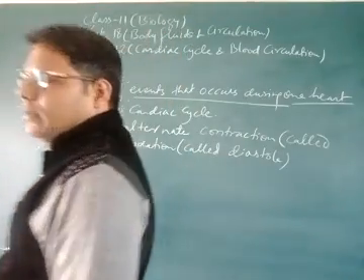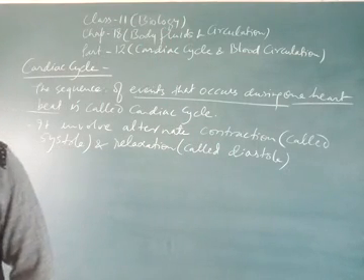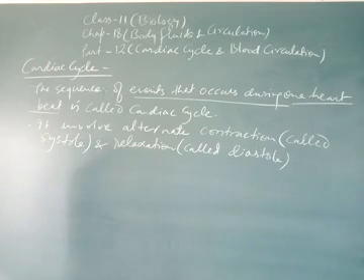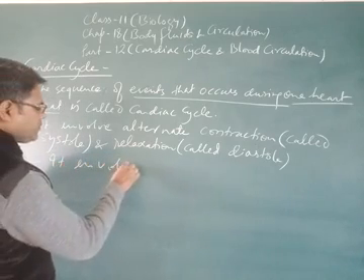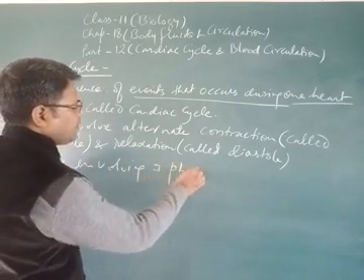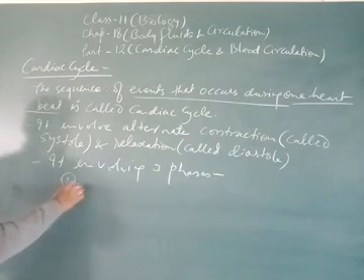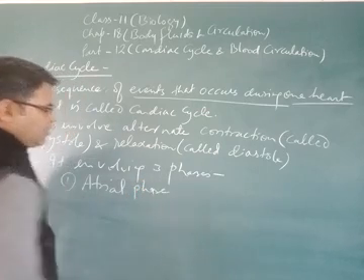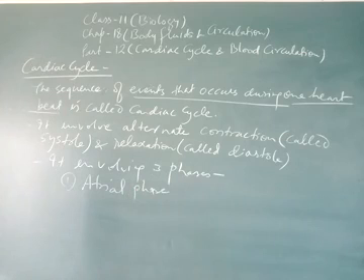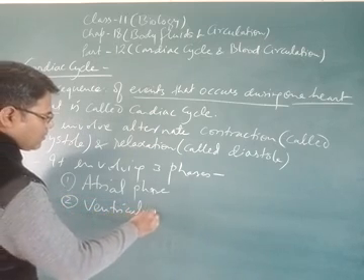If we talk about the cardiac cycle, it involves 3 phases. Number 1 is the atrial phase. Number 2 is ventricular systole.